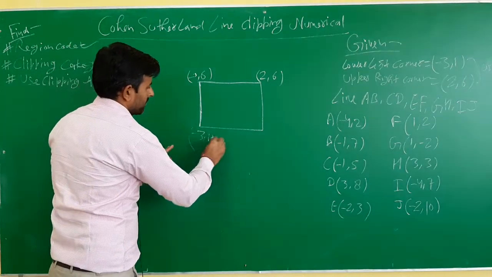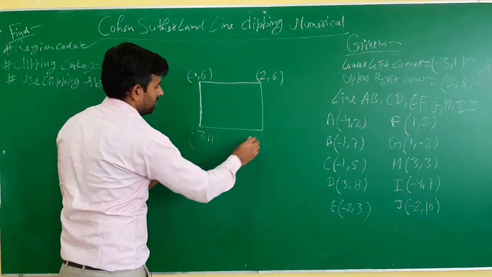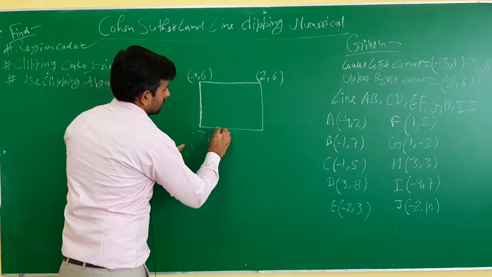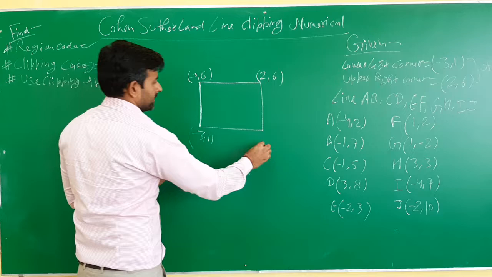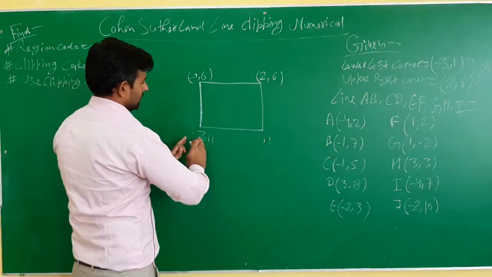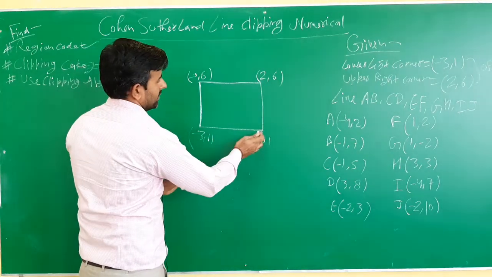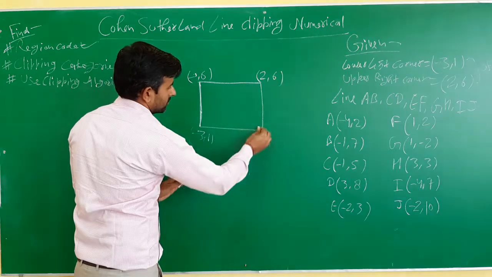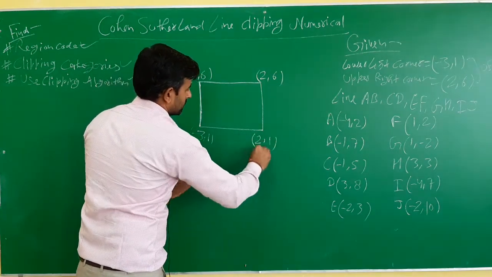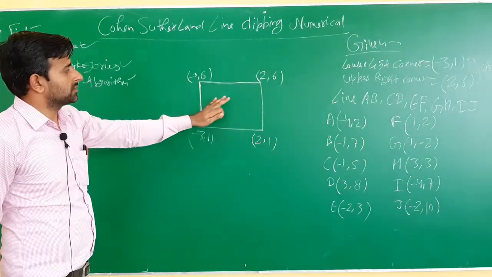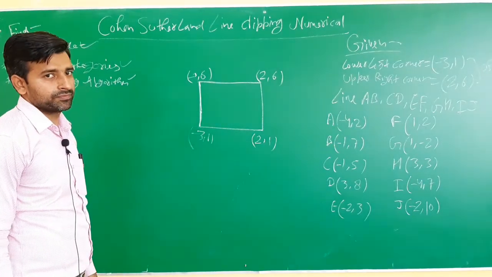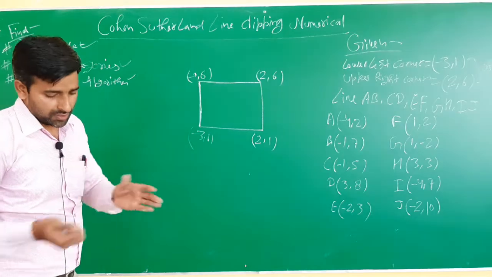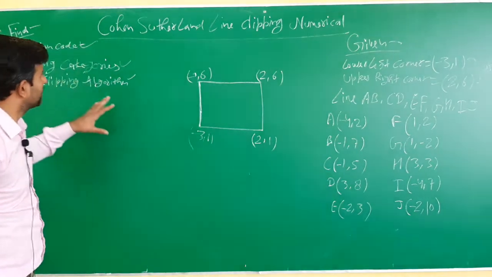Now for this point, the y value would be the same, and that is 1. The x value will vary. X value will equal 2. These are the 4 coordinates of the window. Clear? Now come to the next part.